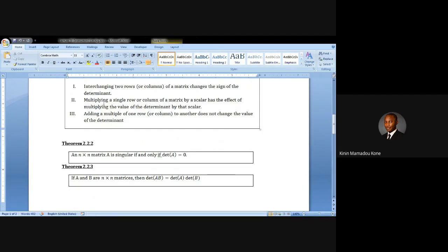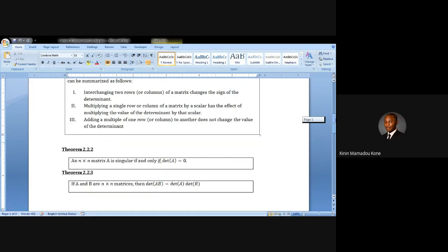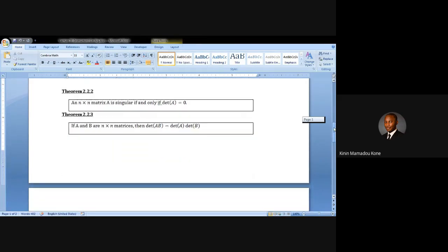Second, multiplying a single row or column of a matrix by a scalar has the effect of multiplying the value of the determinant by that scalar. Third, adding a multiple of one row or column to another does not change the value of the determinant. So these are the properties that you obtain from the elementary row operations.